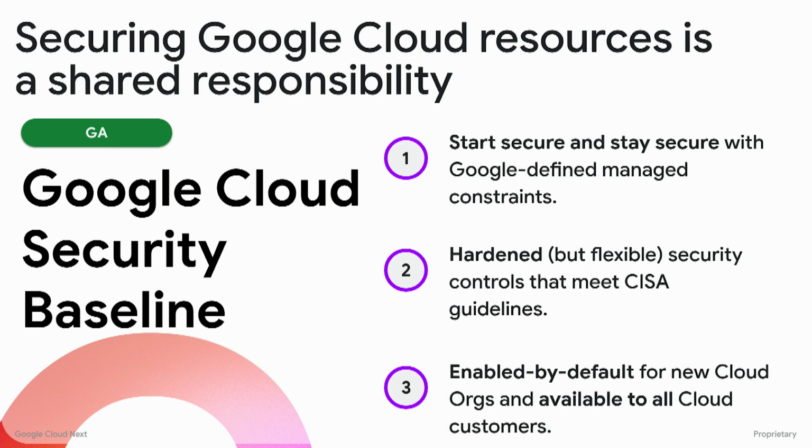When you do that, you also have the ability to use a simulator that tries out the constraint in your environment and tells you if you'll be able to sustain it. We are seeing pretty solid adoption from our top customers starting to roll out the Google Cloud Security Baseline. It takes care of the most common attack vectors from a resource point of view.